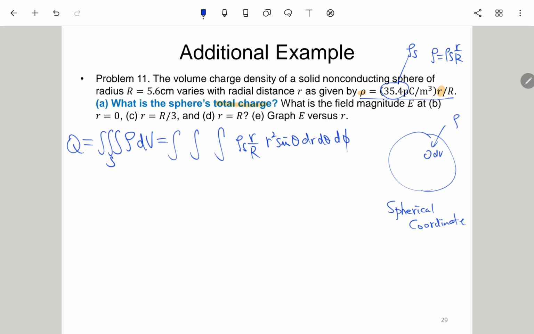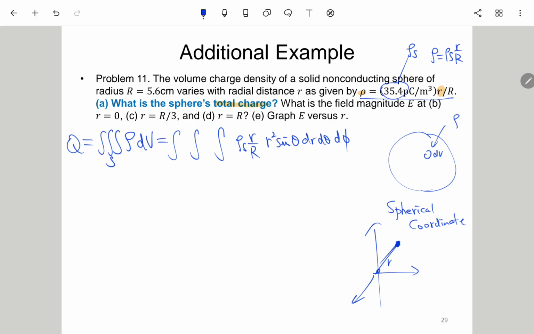What are this r, theta and phi? In the spherical coordinate, as long as you have a point you're concerned with, you connect this point to the origin. The distance will be r.